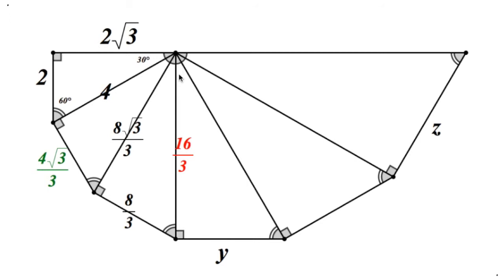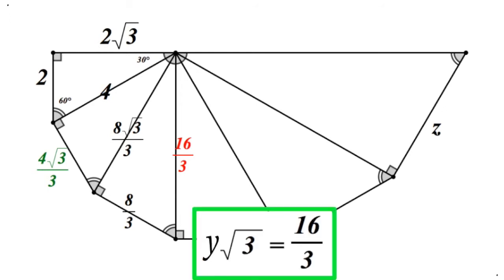We want the side across from the 30-degree angle, always, always, always. To get that side across from the 30-degree angle, we know that whatever this number is, which is y for this problem, y times the square root of 3 gave us 16 over 3. That's kind of ugly. What you're going to do is divide both sides by the square root of 3.